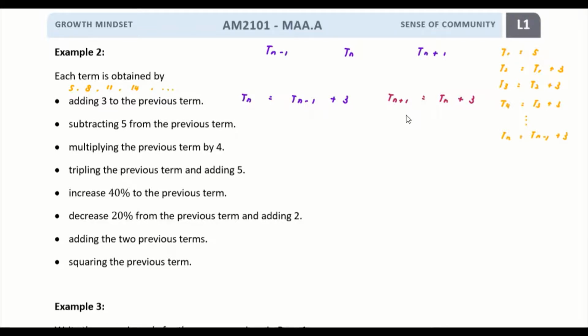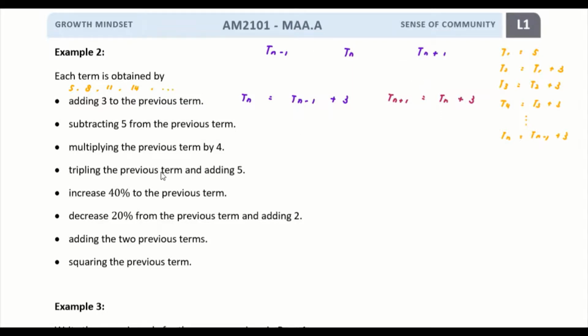You will see the difference especially when we move on to finance in our unit 4, but that's not so important for now. The idea is you get that they actually mean the same thing. Because if my n is 1, then this becomes 2. So T2 equals T1 plus 3, which is basically the same, right? Okay, so the idea is the order.